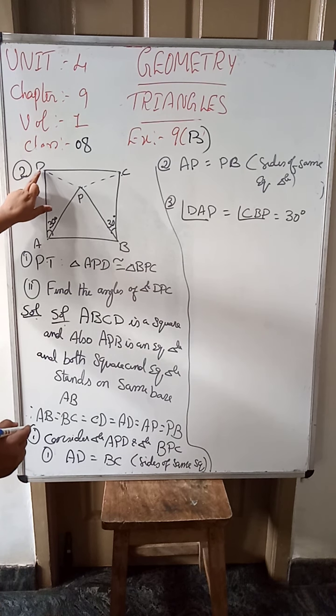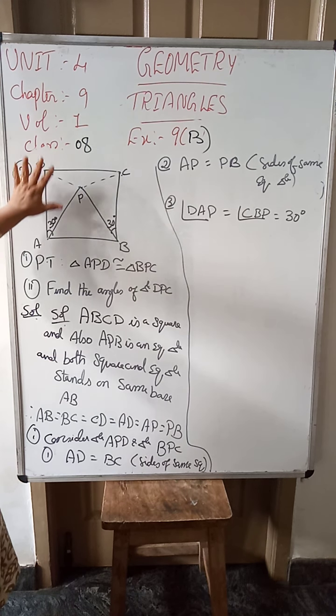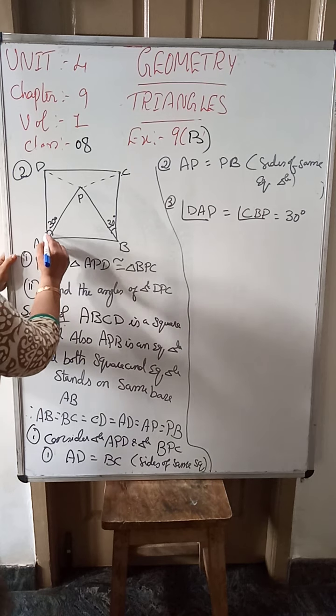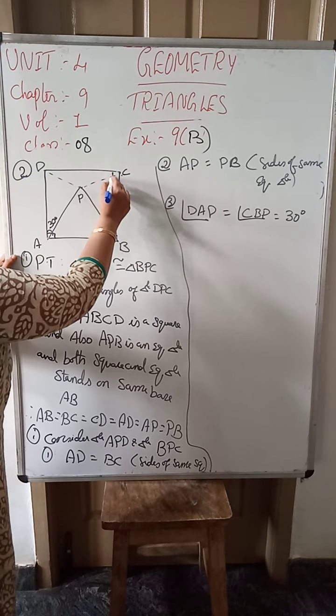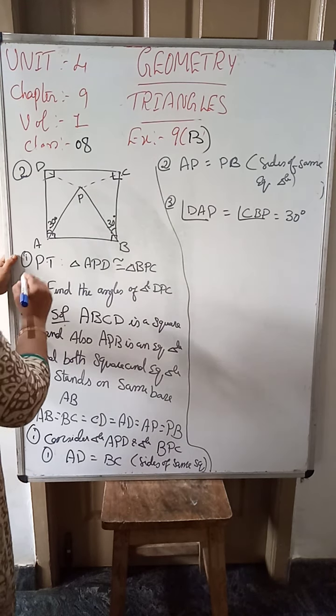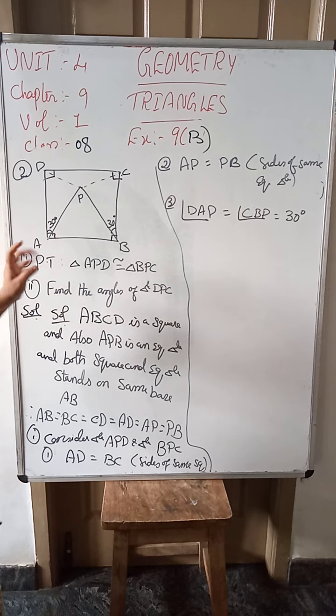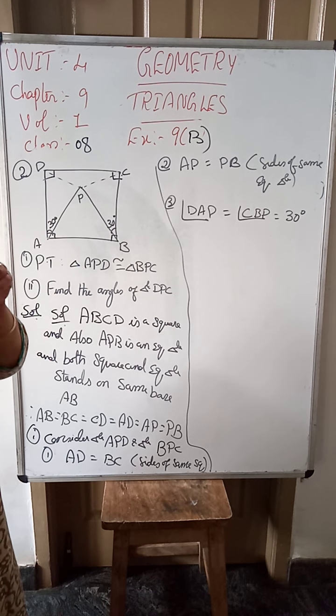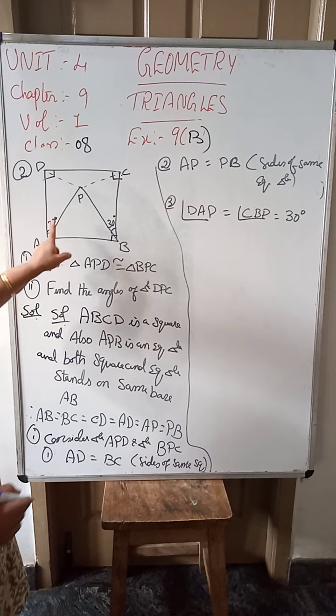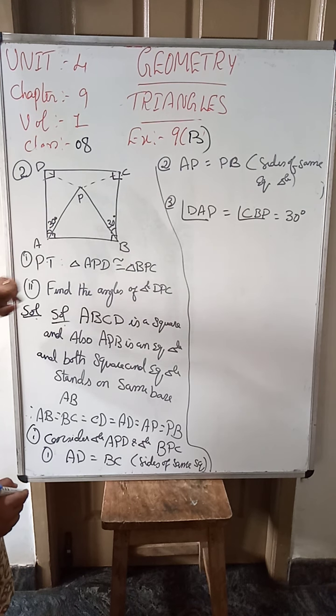Children, we know that in a square all the corners, all the angles, are 90 degree. This is 90, 90, 90 and 90. And in an equilateral triangle, you have to listen carefully to the explanation.